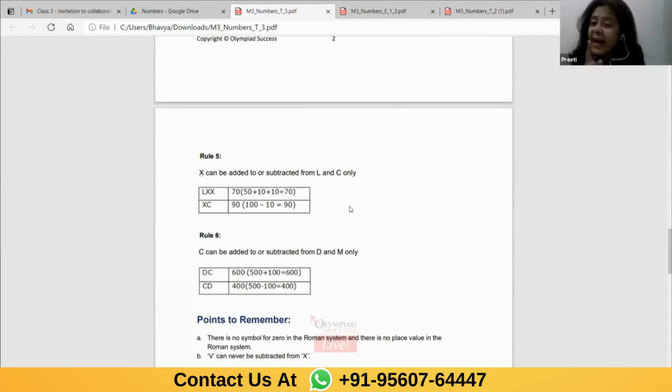No, bacha. 1 is subtracted from X because the value of 1 is smaller than X. Always the smaller number is subtracted or added. And L and C have higher value. L has value 50, C has value 100.